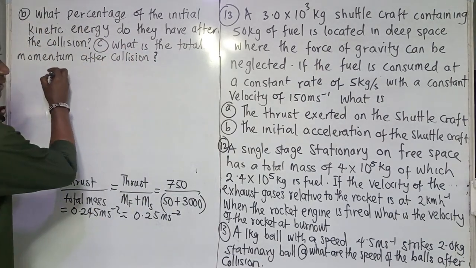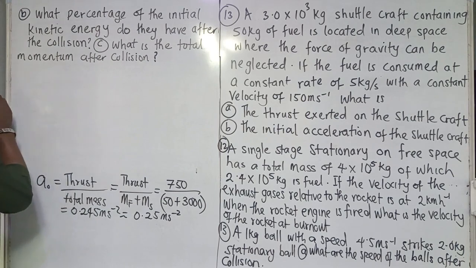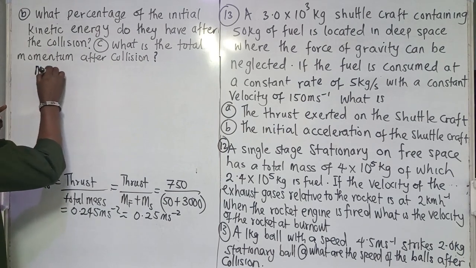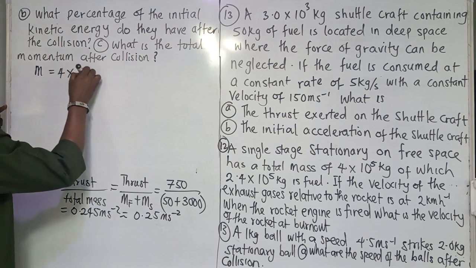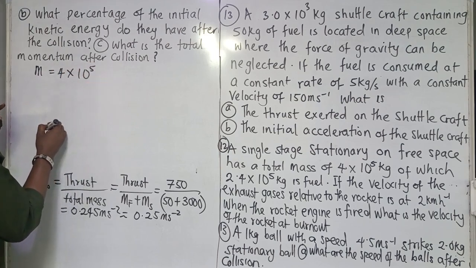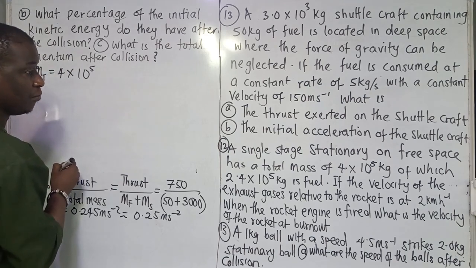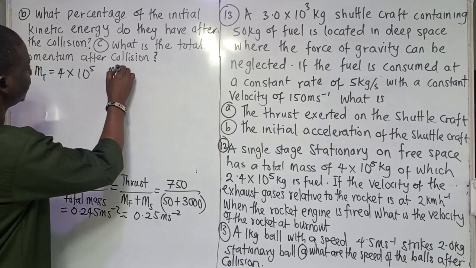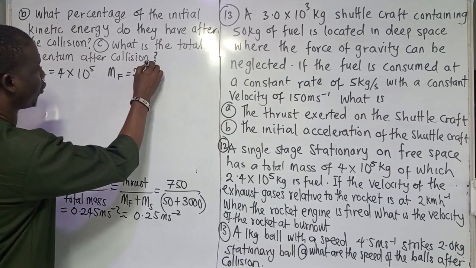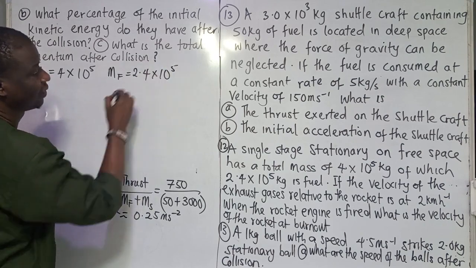So first of all, let's take our parameters. We are going to have the mass, total mass, equal to 4 times 10 power 5. Then the mass of fuel is equal to 2.4 times 10 power 5.